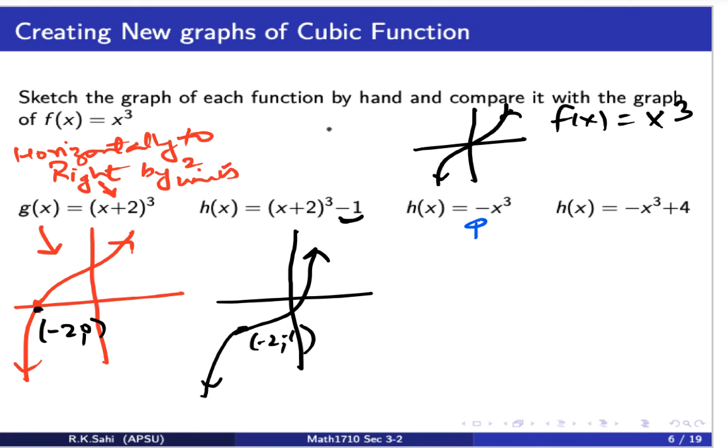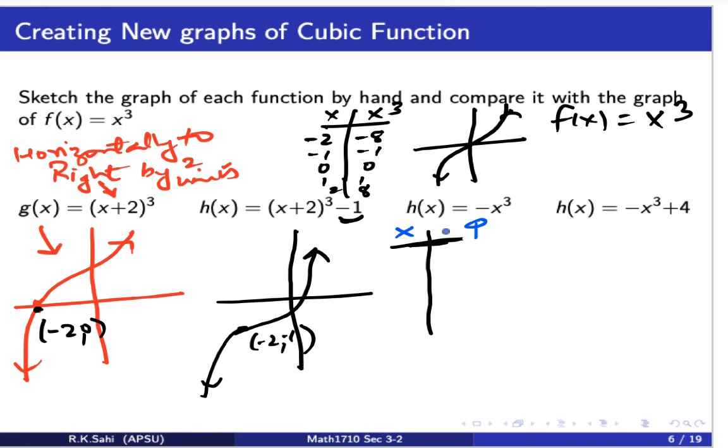So here, let me write those values. Simple values for us to work with. Remember, minus 2 was what? Minus 8. Minus 1 was minus 1. 0 was 0, 1 was 1. And 2 was 8. So this is x and this is x cubed. Now for minus x cubed, what's going to happen? Let's write them down. I'm going to use blue for here.